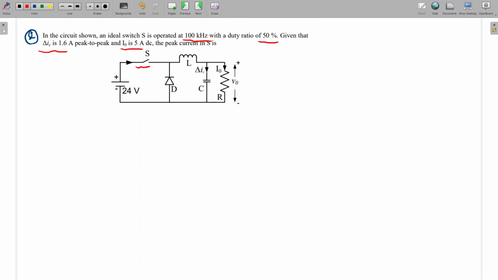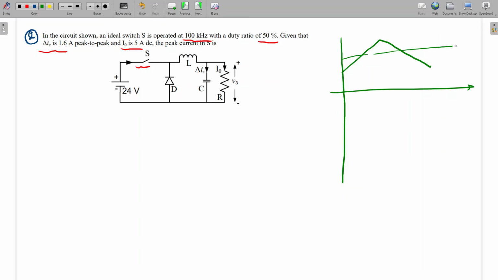R value is not given. See, if we write this, let's say this is delta IL, the IL curve. This is IL average, and how will IC be? IC will be IL minus I naught.